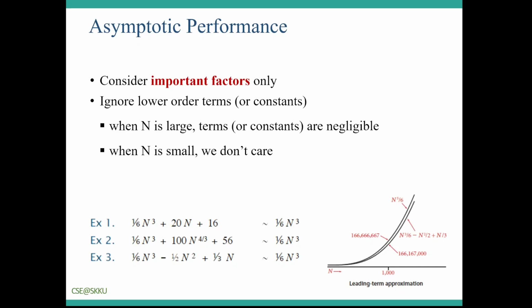So in practice, we try to find the smallest possible g(n) such that f(n) is less than or equal to c times g(n). That gives us the tightest upper bound. Okay? We want to find the smallest possible g(n), a tight upper bound, rather than a loose upper bound such as 2 to the power n.